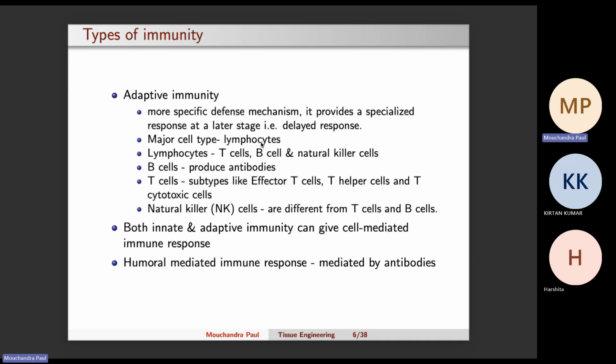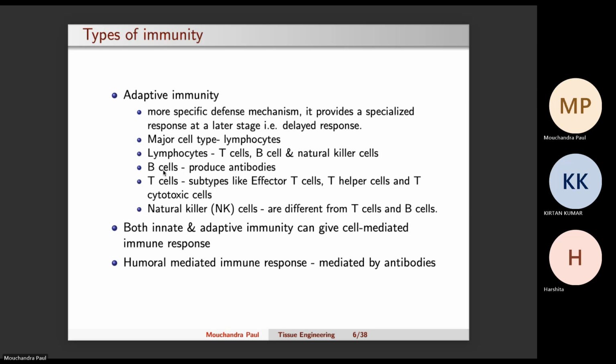And we know there are three types of lymphocytes: the T lymphocytes, B lymphocytes, and the natural killer cells. These three types of lymphocytes are responsible for the delayed response, and together they are the component of the adaptive immunity. B cells are responsible for producing a protein called antibodies, and these antibodies are produced very specifically to bind to a specific antigen.